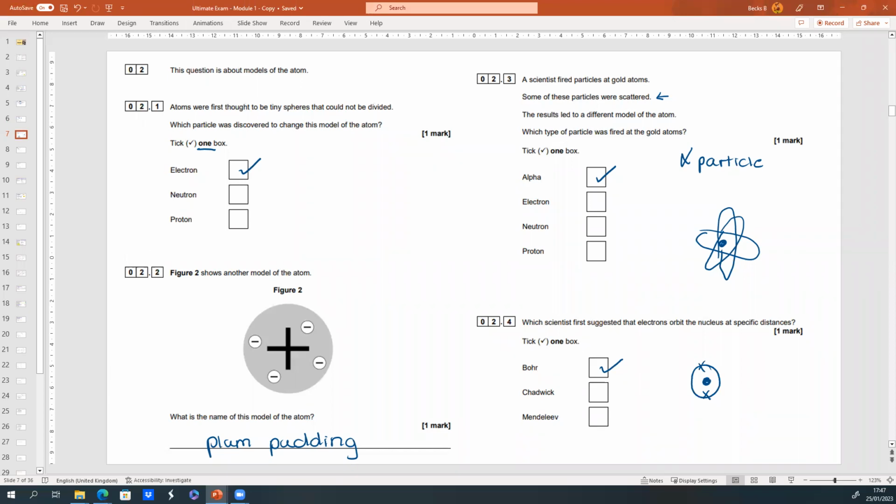So we must have had some empty space for them to go straight through. And then further work was done. Niels Bohr suggested this nuclear model, that the electrons orbit at specific distances. So that's where we then came to having shell number 1, 2, 3, etc.